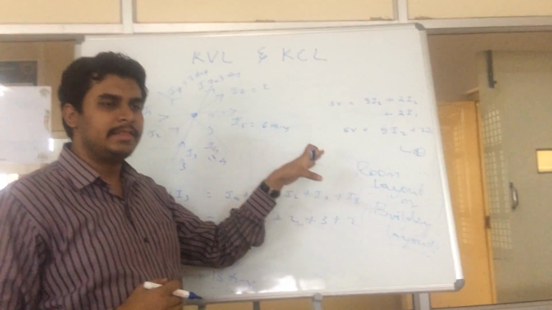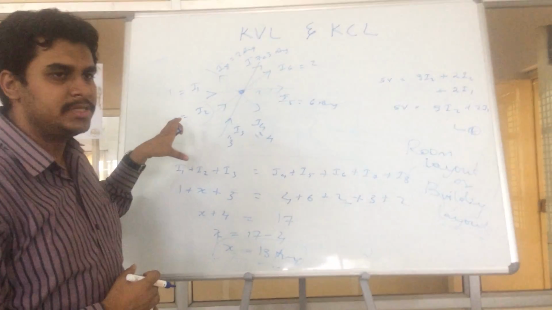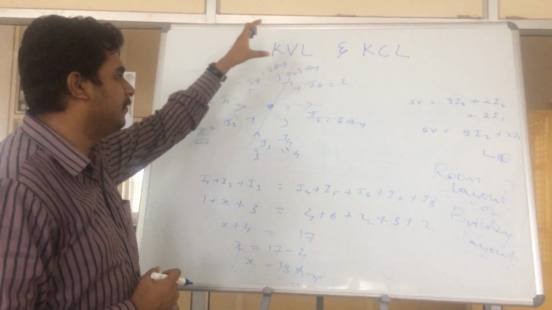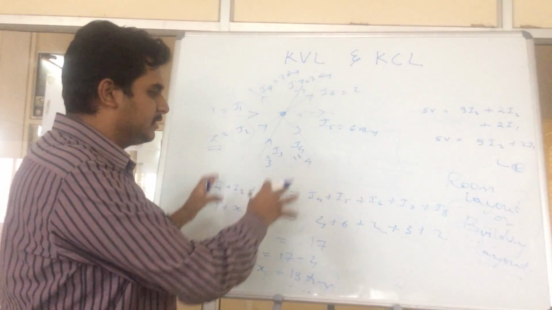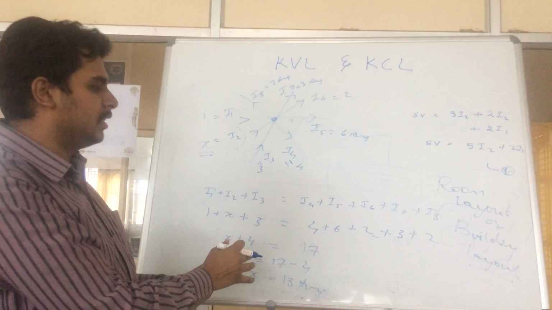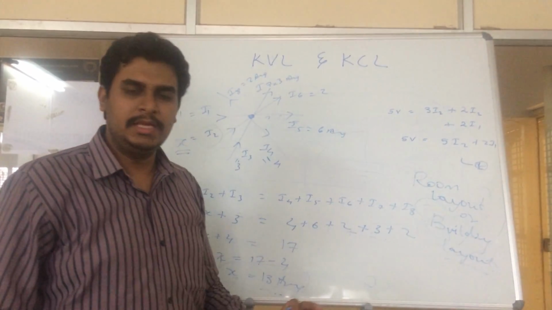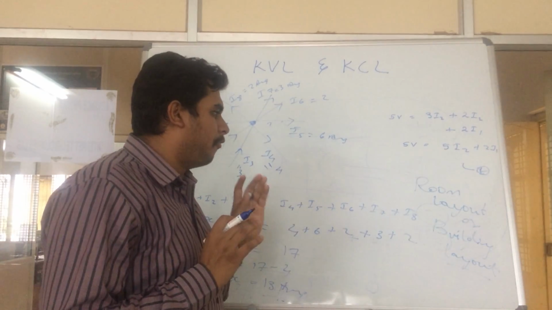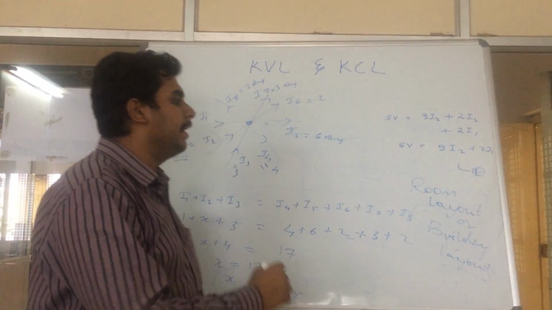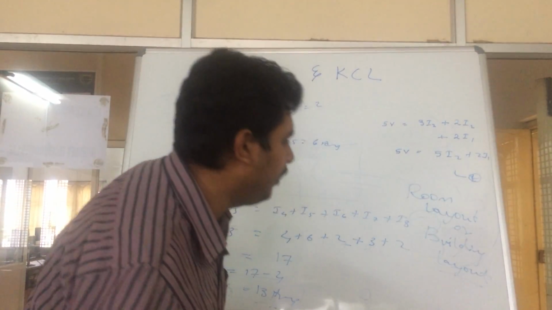These are the examples I have covered here, about KVL and KCL. By using this type of equations and formulas, we can easily identify the room layout as well as the building layout, the voltages, and the current required to flow in each and every path or sub-circuit.